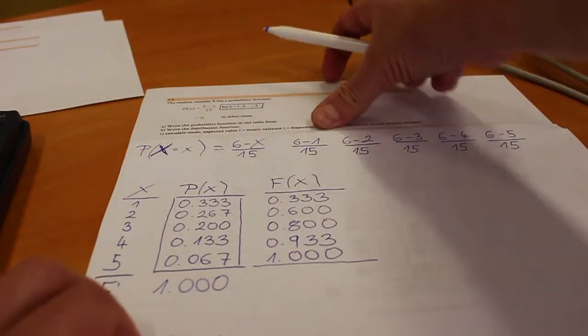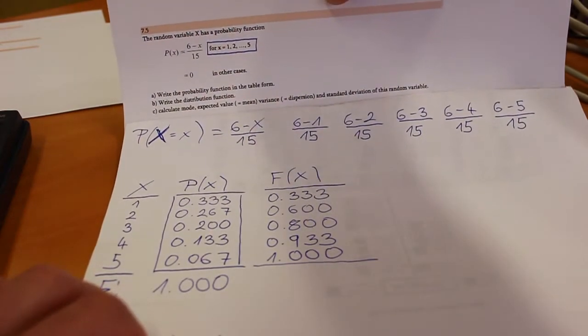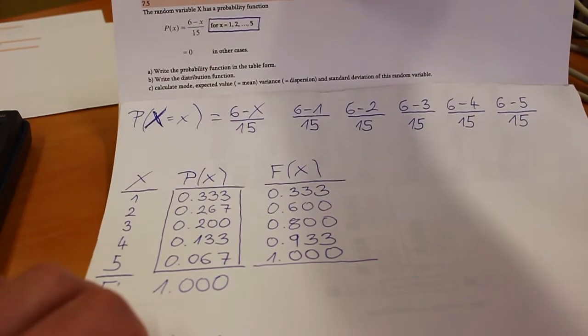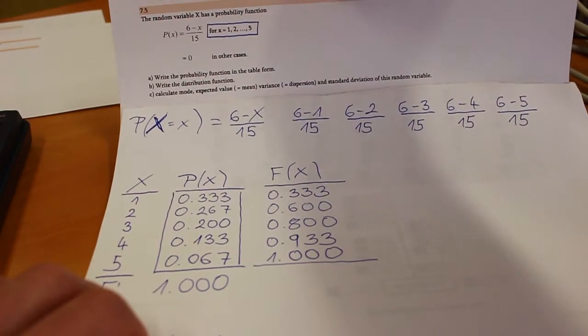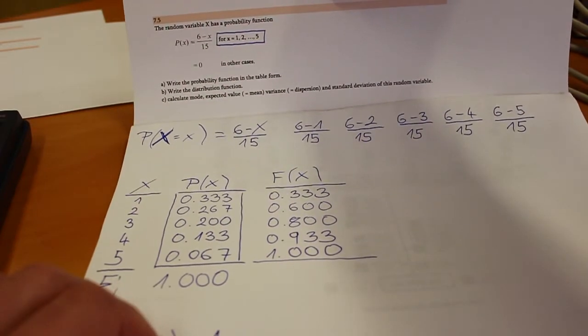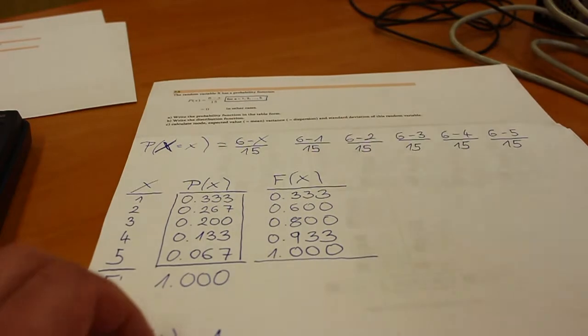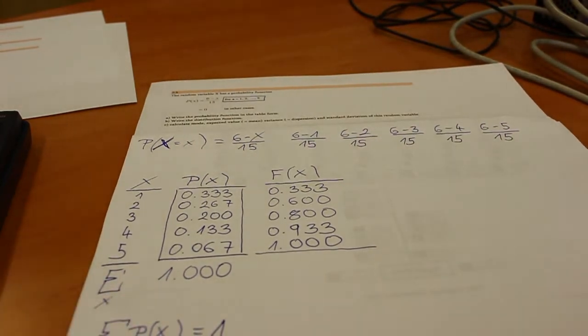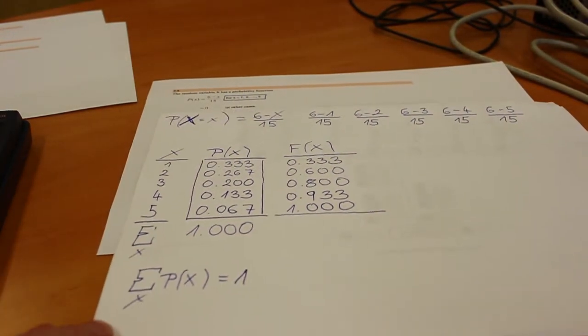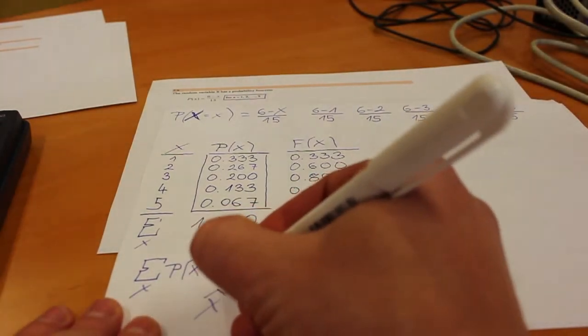And now we would like to calculate the mode, the expected value, the mean, the variance or dispersion of this random variable x, and standard deviation. So we will start with the mode. What is the mode? X with hat.